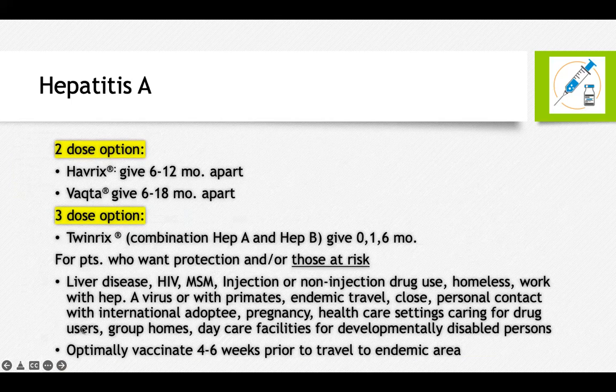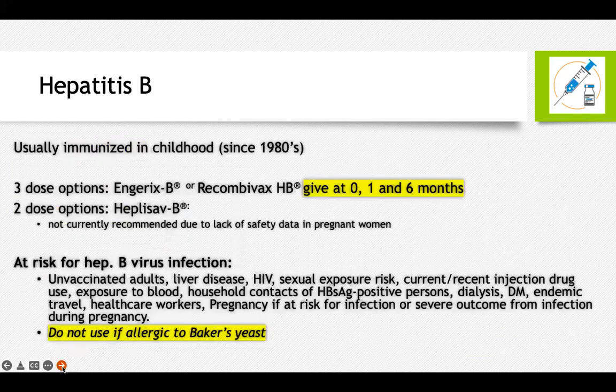Anybody who lives in a group home, daycare facilities for developmentally disabled people, you want to make sure you have Hep A. You want to try to optimally vaccinate 4 to 6 weeks prior to travel to any kind of endemic area. An endemic meaning third world country, not such good sanitary conditions, that kind of thing.